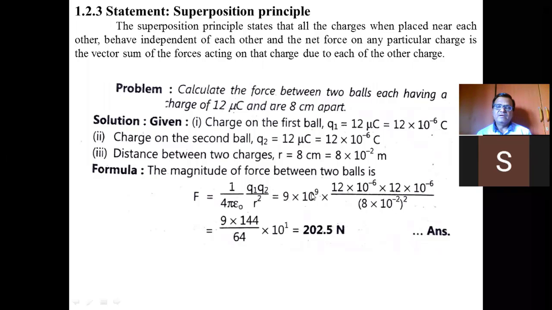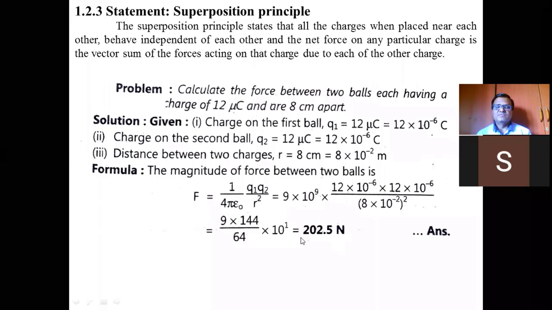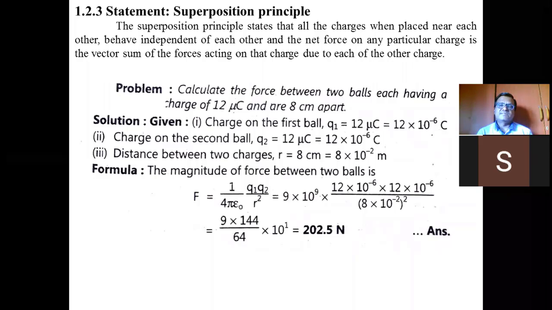By calculating all these values, we get the force between these two balls as 202.5 Newton. This much force is exerted between these two charges.